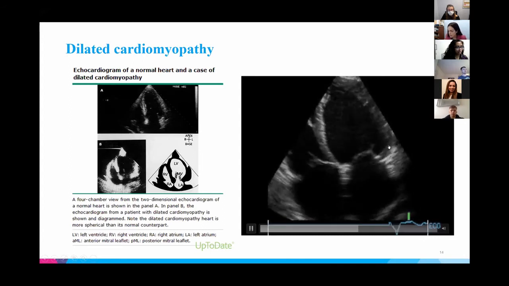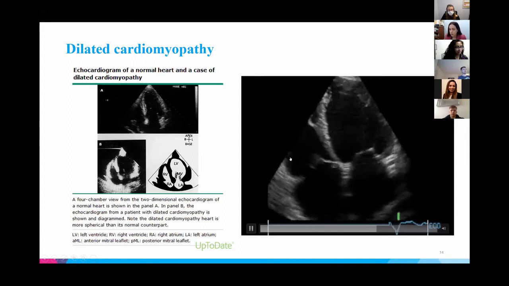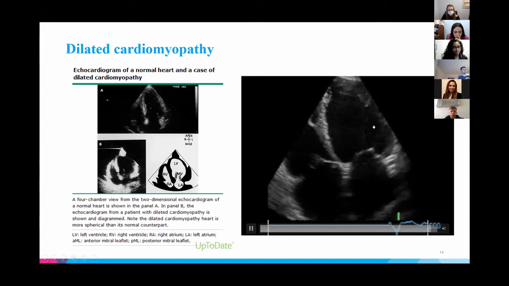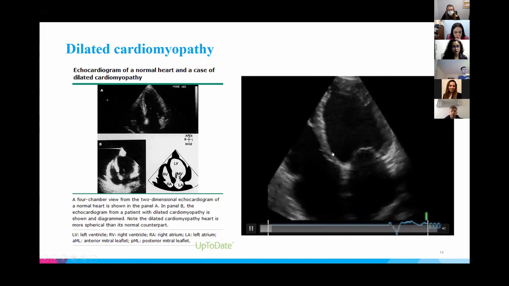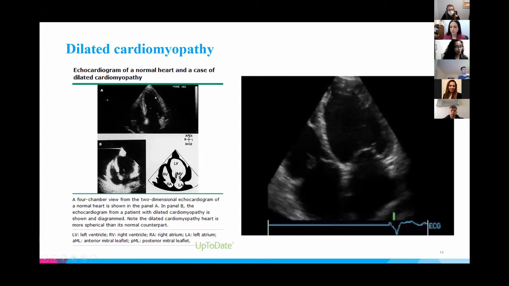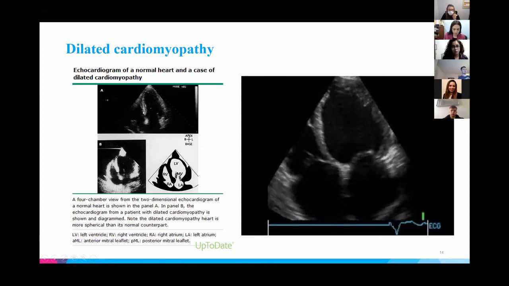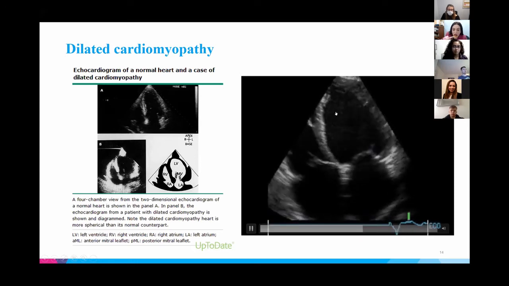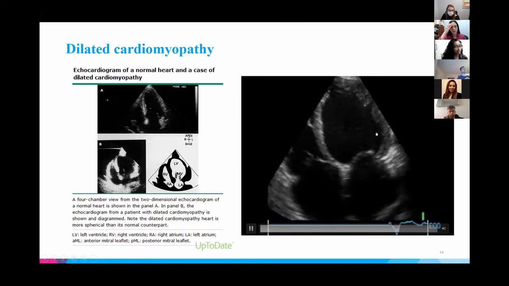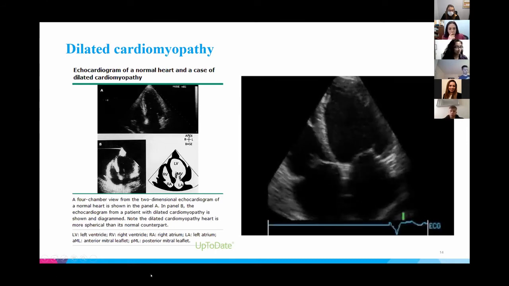This is your left ventricle here, this is your right ventricle here, left atrium, right atrium. And in a dilated cardiomyopathy, you can see that this movement is very little compared to a normal heart. A normal heart is also elongated and more football shaped, and a dilated cardiomyopathy has a more spherical or globular shape. You can see that the geometry of the LV changes.